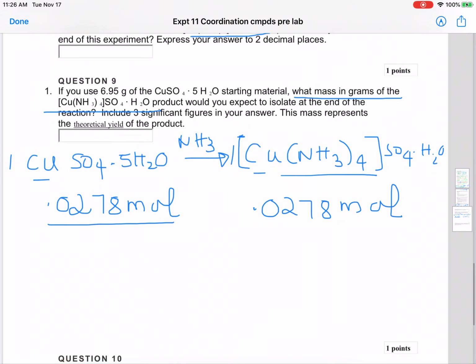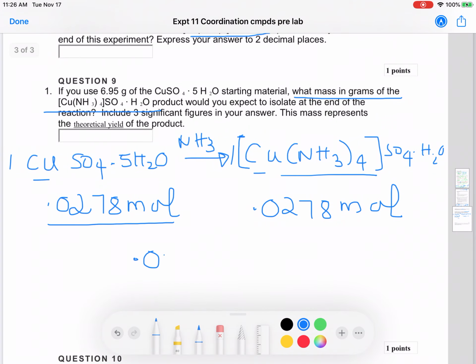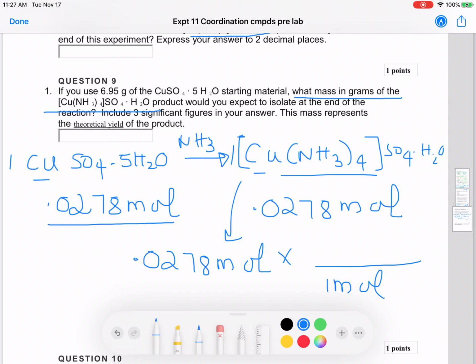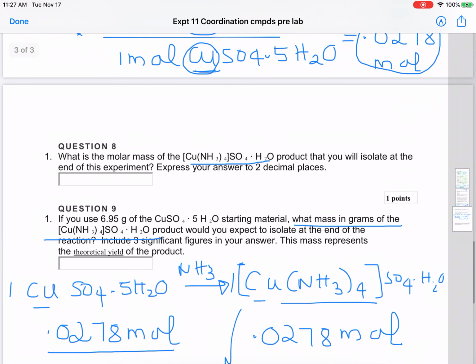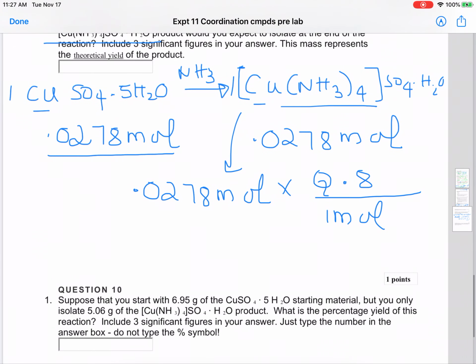So you take this number of moles, 0.0278 moles of this, and you use the molar mass you calculated in question number 8. 1 mole of copper amine sulfate is the molar mass, which is the answer you get in question 8, which is the molar mass of copper amine sulfate water molecule. Okay, so you multiply. You have done these kind of questions many more times before, even in Chem 1. So number of moles times the molar mass will give you the mass in grams.